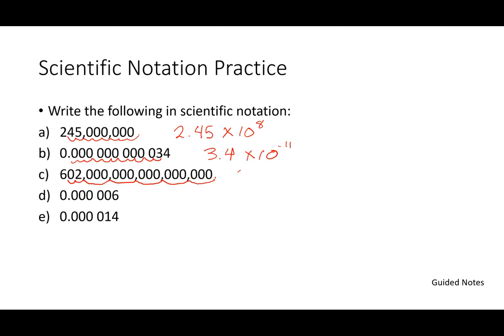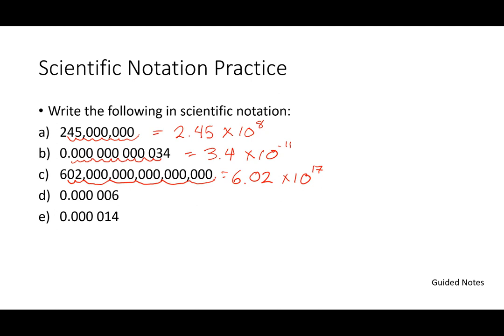So this will end up being 6.02. Those are the non-zero numbers. And then we've just got a string of zeros. So 6.02 times 10 to the 17th power will give us this number. So these are all equal to the original number. They're just written in a different form.